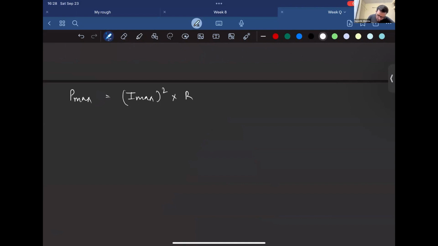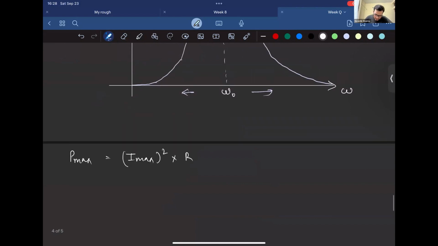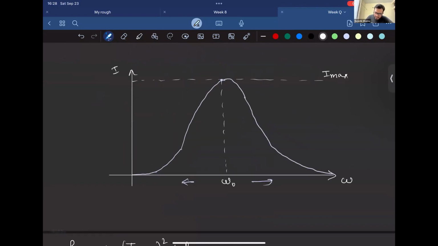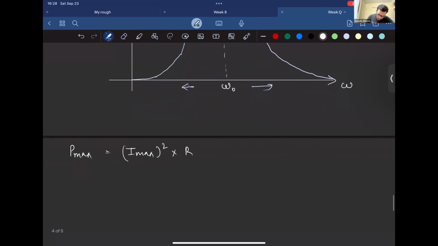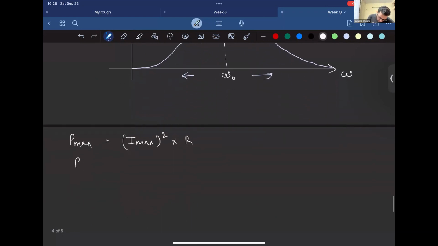So it would be I max square R, right? That's the maximum amount of current that will flow, because at resonant frequency there is no other impedance, so it's just R. Now what would be the current when the maximum power is half?